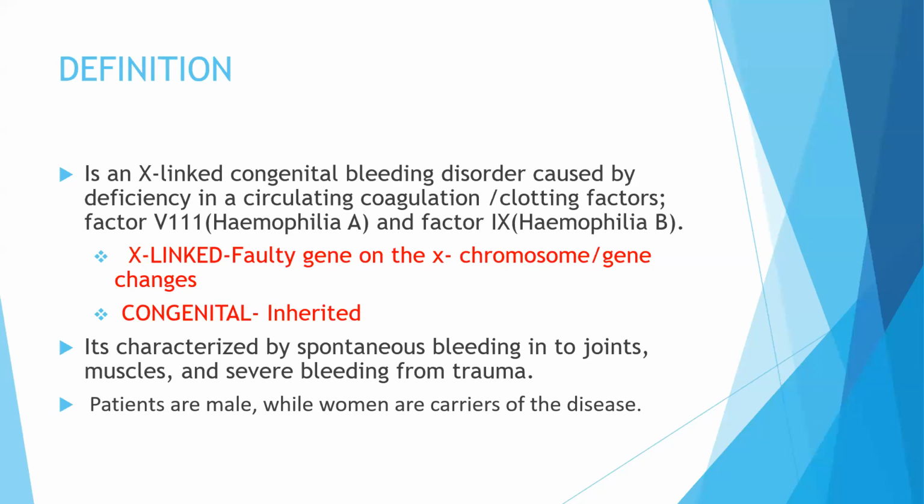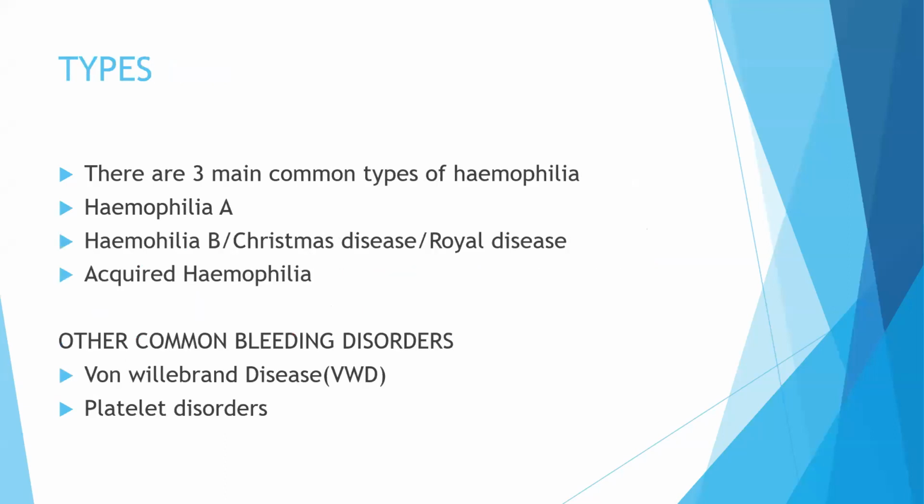That is, hemophilia is got from a parent down to the children. It's characterized by spontaneous bleeding in the joints, in muscles, and severe bleeding from trauma. Our patients are majorly male, and the women are carriers of the disease, which means they pass it to their children.